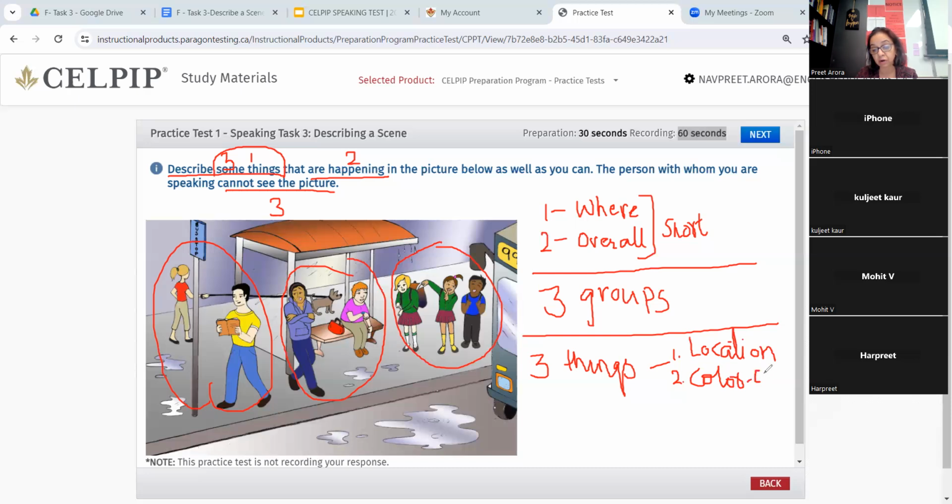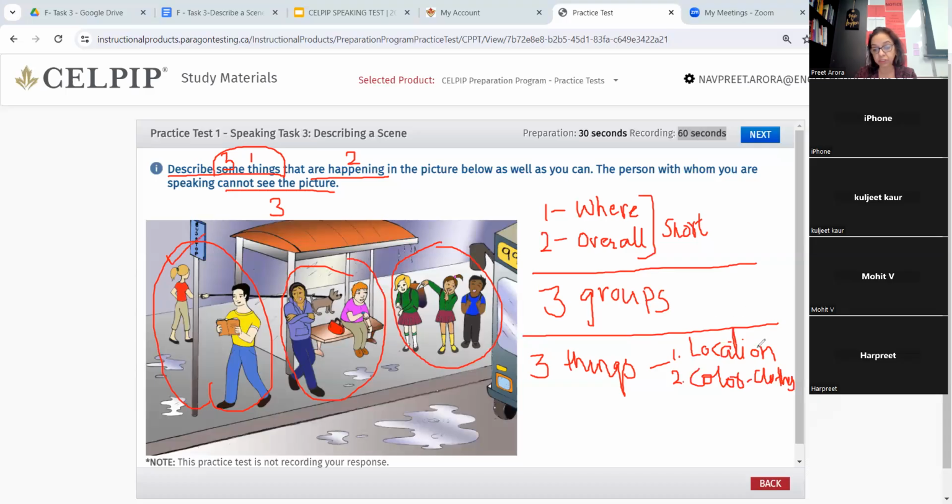So what is the color of the clothes that the person is wearing, so that you give the other person on the other side some specifications of who you are talking about, so that the person can create an imprint in his or her head. So if you're talking about this lady, first you will talk about, so we are talking about this lady.